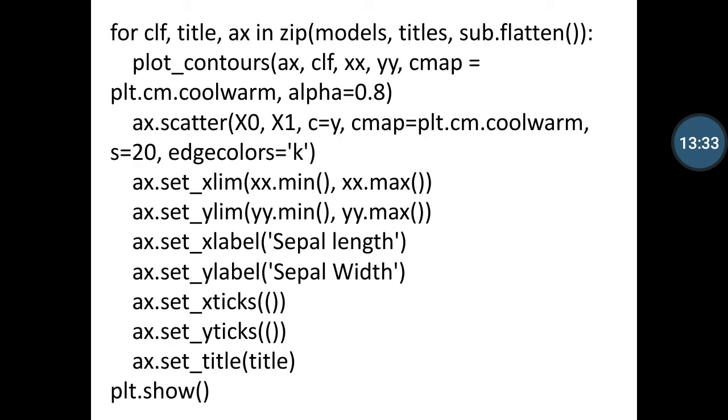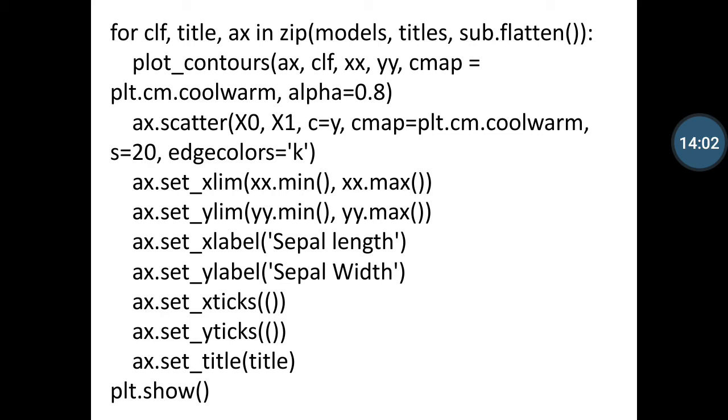Then I define a loop here, for clf, title, ax in zip(models, titles, sub.flatten()). Flatten is a method that is used to plot the graph, and then put the colon and define the code in the for loop.